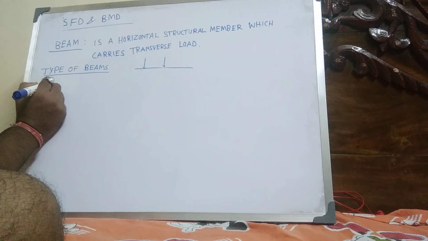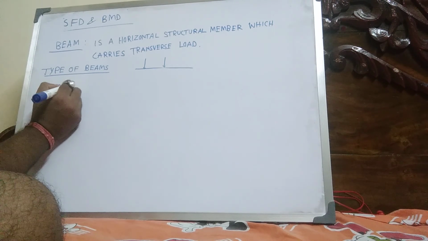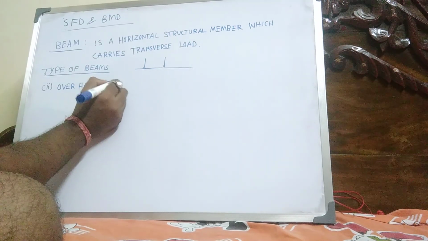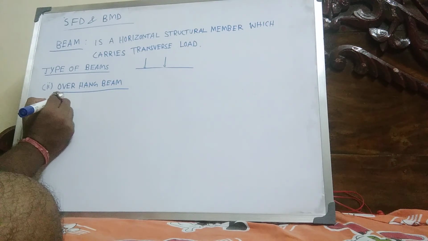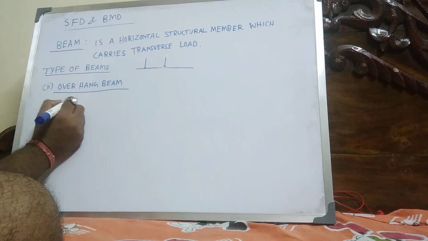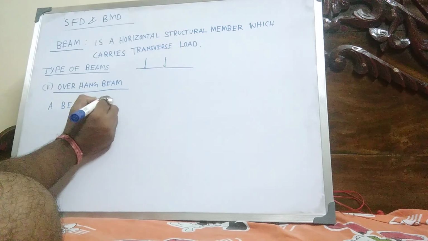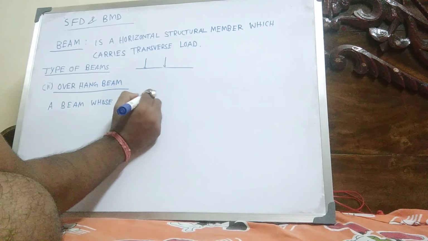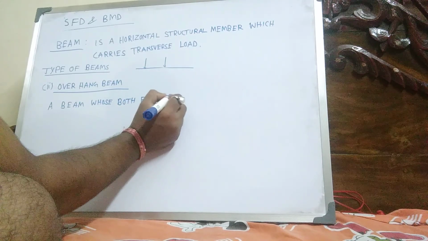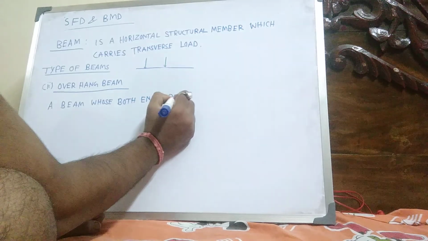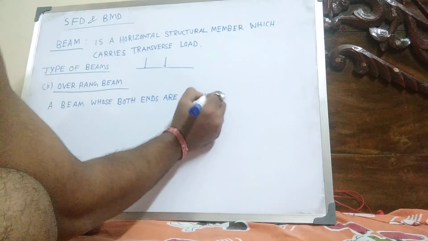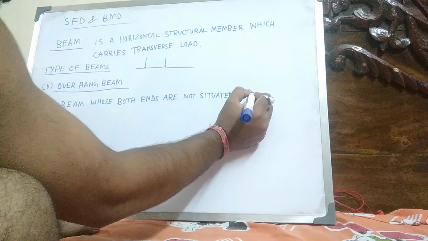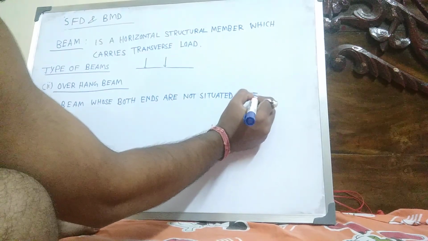Second is overhang beam. A beam whose supports are not situated at the extreme ends.